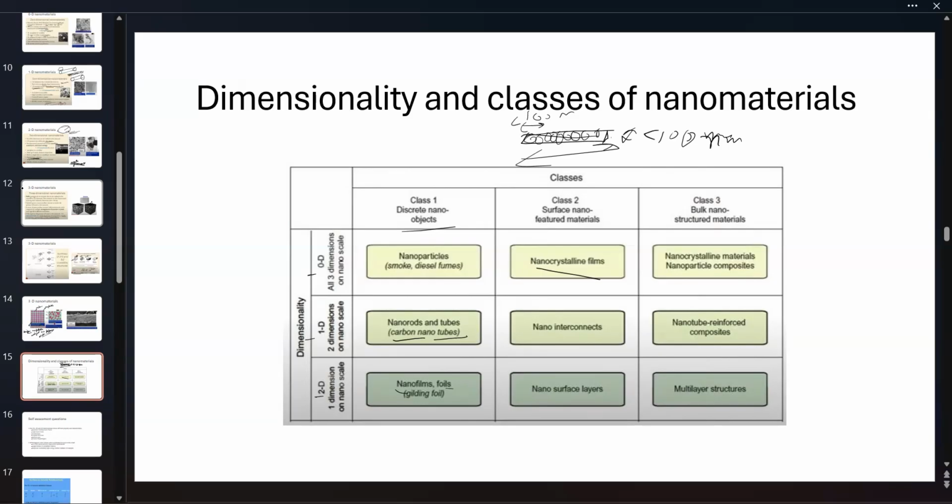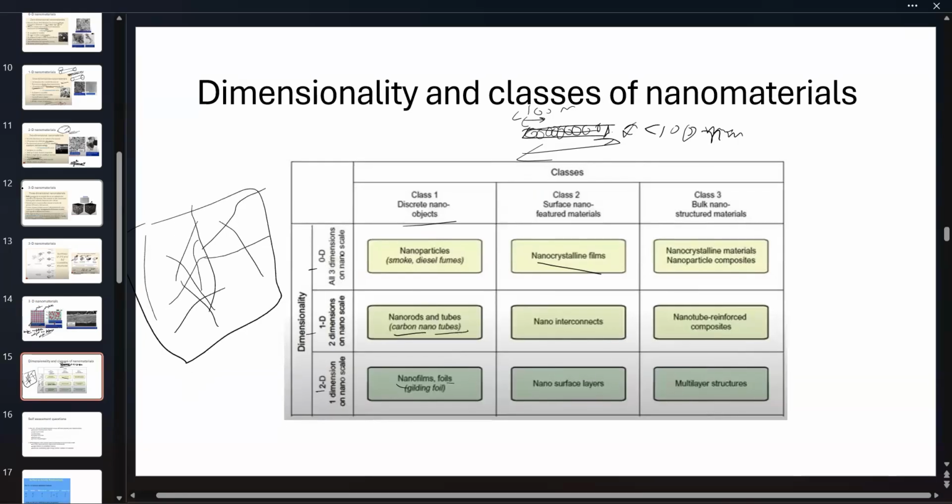If you again see surface nano featured with 1D nanomaterial, you have nano interconnects like nanorods. So you have a film, but all these rods are connected to each other in this mesh-like structure.